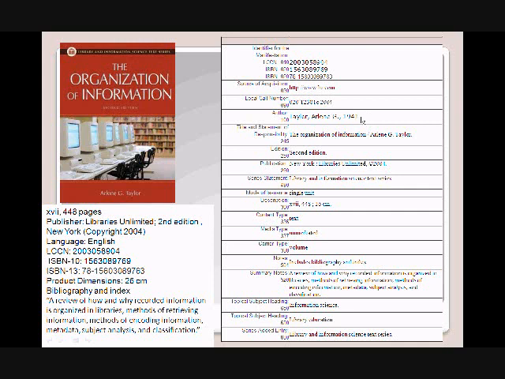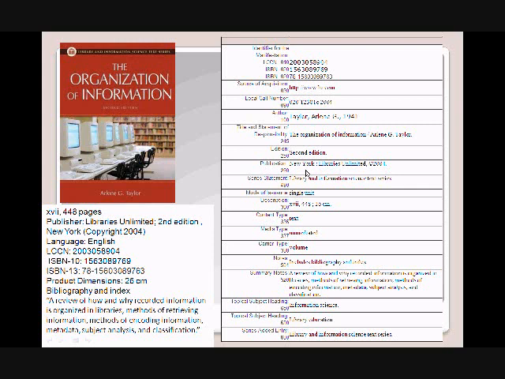Then the publication information is usually on the inside page, and so therefore it was published in New York by Libraries Unlimited with a copyright date of 2004. So it's New York, space, Libraries Unlimited, comma, space, copyright symbol, 2004, period.